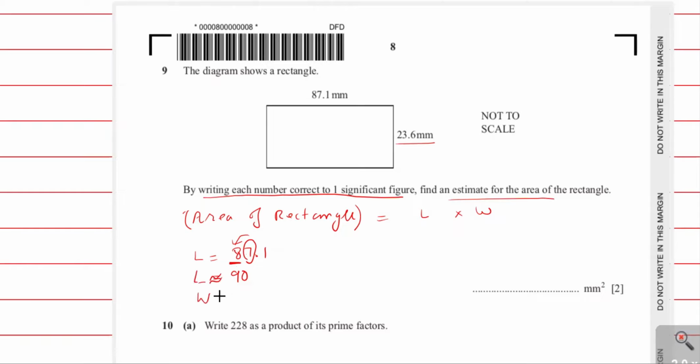Next, the width here is 23.6, and this digit is the first significant figure digit. The neighboring digit is less than 5, and therefore we write 2 as it is and 0 as a placeholder, and the estimated width will be 20. Therefore, the estimated area of the rectangle would be 90 multiplied by 20, and this will be equal to 1800 millimeter square. This is the answer.